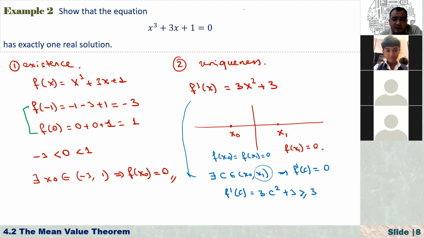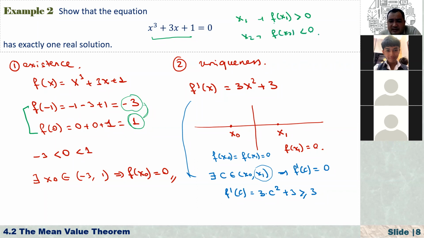Actually, if you remember the intermediate value theorem from last time, I'm just checking two numbers that give me opposite signs, because I know that between these two numbers we have zero. You can put any number actually. I just want this function to have a positive value at one point and a negative value at another.